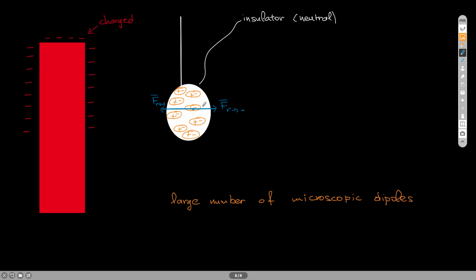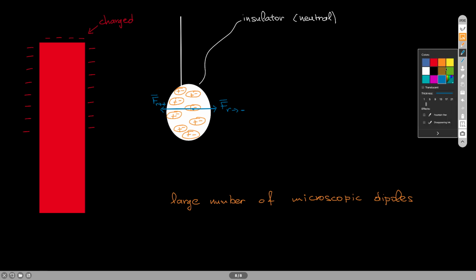Because the two forces are not balanced, the attractive force is greater, so the net force on this tiny dipole will point to the left. So this charged rod attracts this dipole, and in exactly the same way, it attracts every single dipole on this insulating sphere. That's why overall you see an attraction.